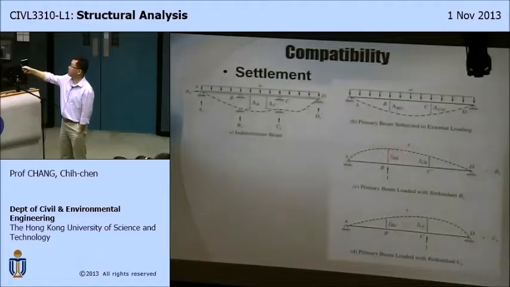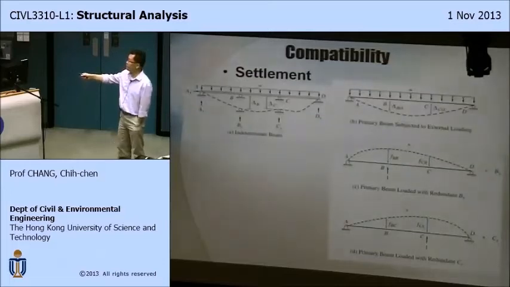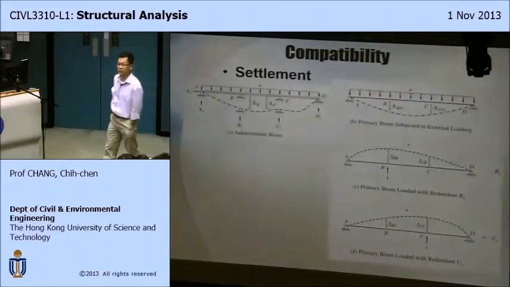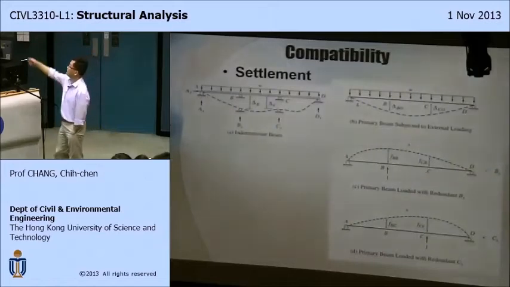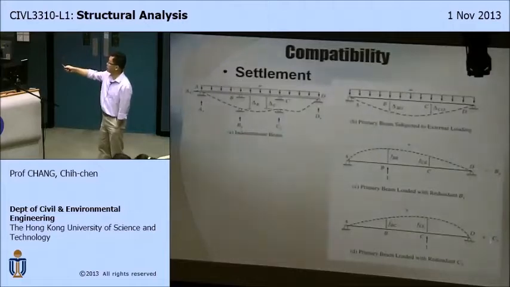So that gives me the flexibility coefficients there. And then the second redundant force is along the cy direction, unit force. And I calculate flexibility coefficients, and superimpose all 3 of them, multiplying the unknown redundant forces respectively.